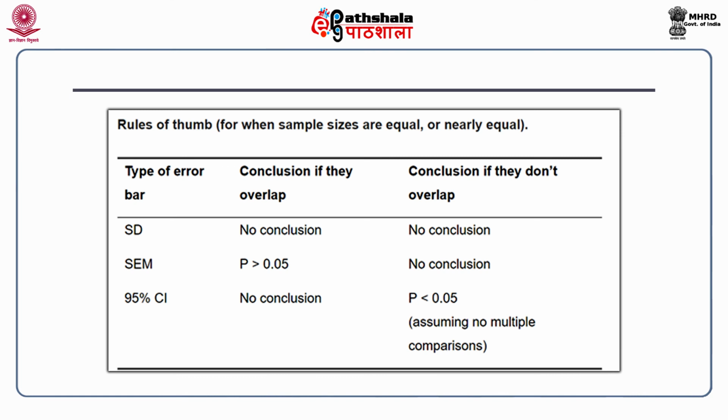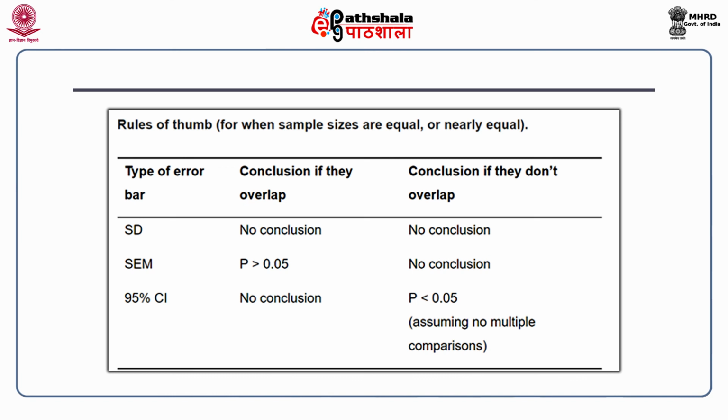Standard deviation is a measure of the variability of that particular sample. If the sample is varying too much, then standard deviation will be very high. If the elements are clustered around your sample mean, then your standard deviation will be very low. So standard deviation has nothing to do with the precision of the population estimate.